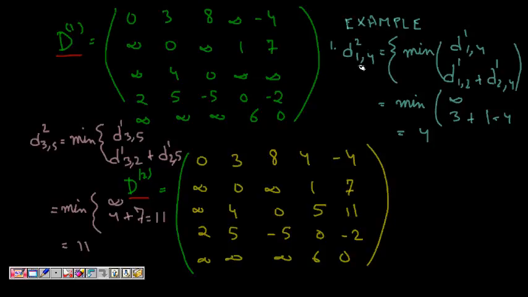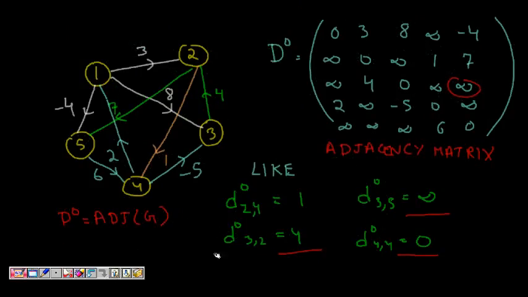So let's see how D1 4,2 is calculated. D1 4,2 means, from the graph, I have to go from 4 to 2, and I can choose only nodes 1 and 2 as intermediate nodes.